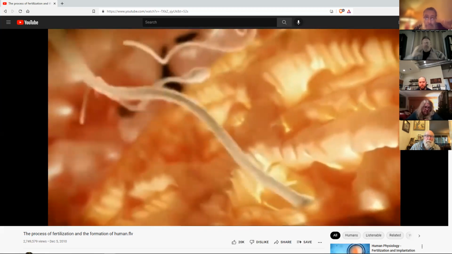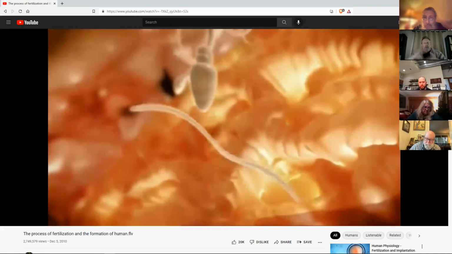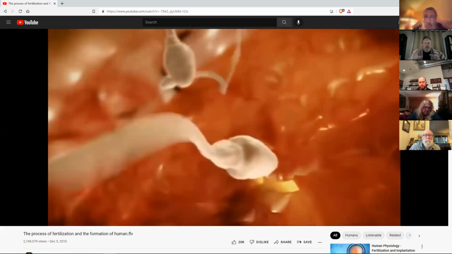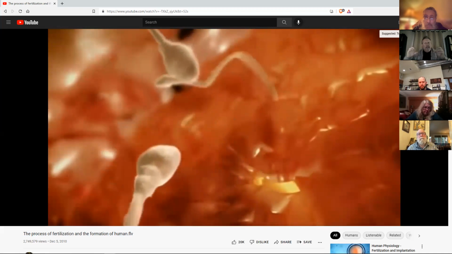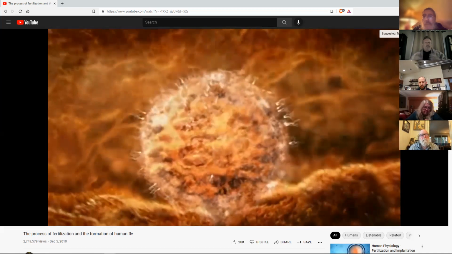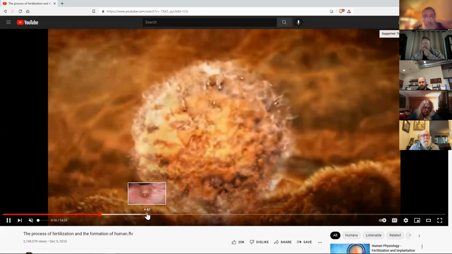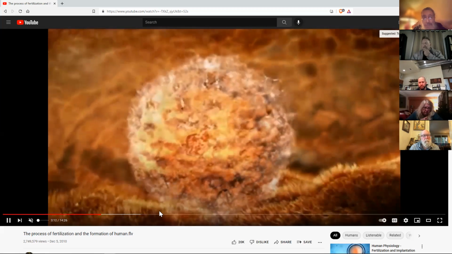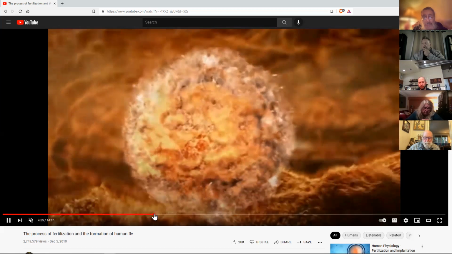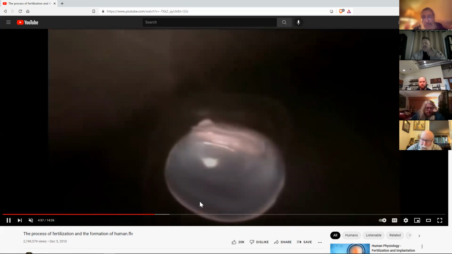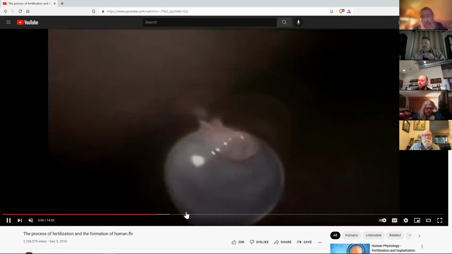So we have this very liquid, viscous form, and as it expands, it also densifies, and as it densifies, we get multiplication. So the egg begins to multiply, it begins to form.